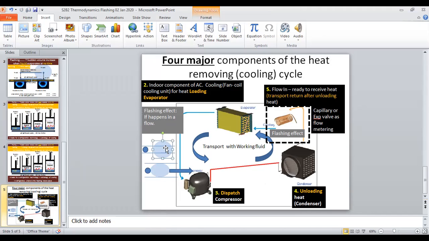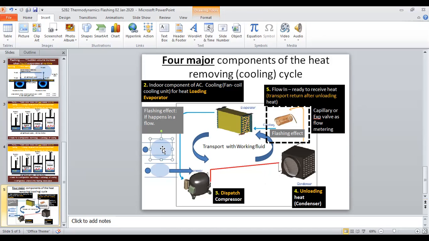This is a pipe. There's a flashing potential.